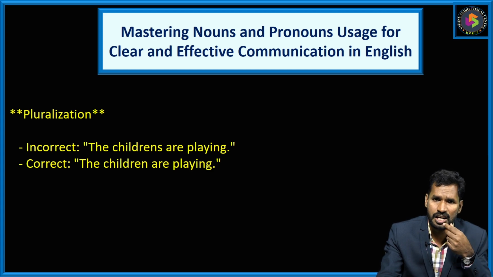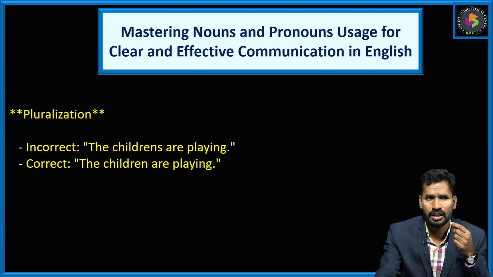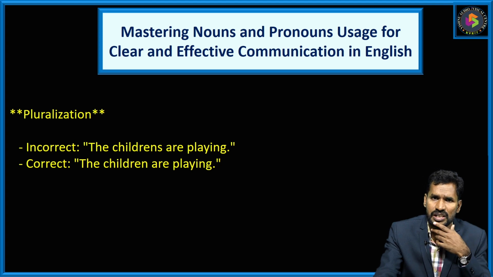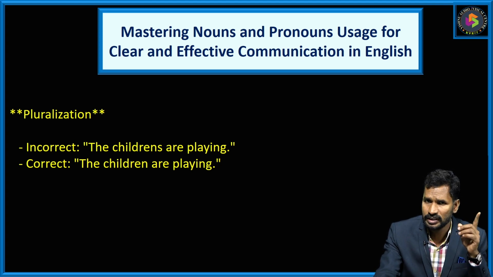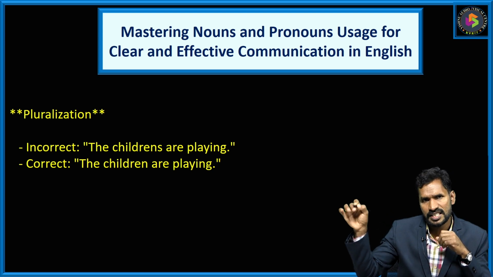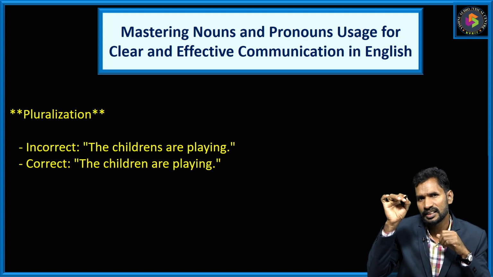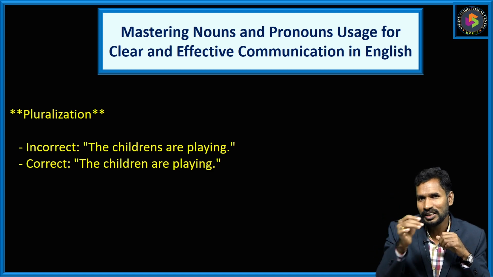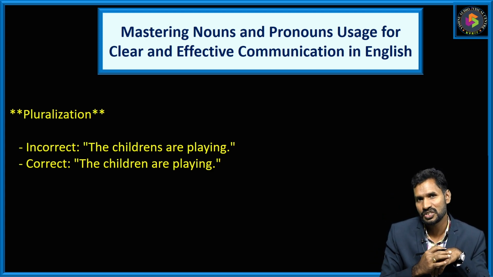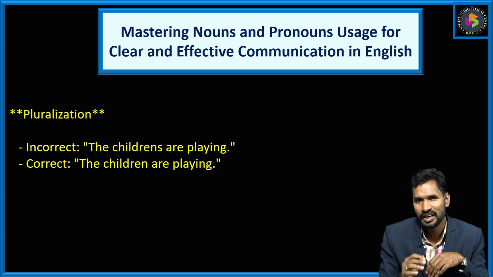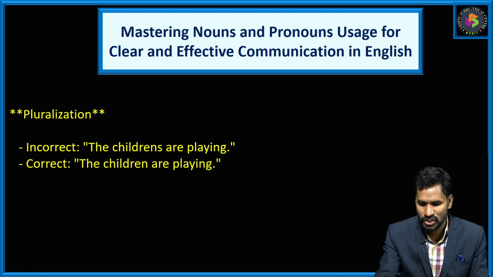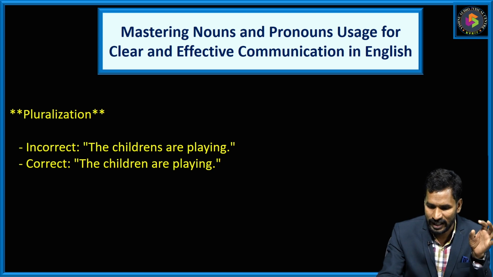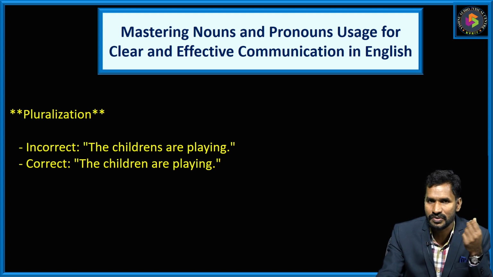There is a hospital nearby, Rainbow Children's Hospital. Probably people misunderstand that children apostrophe s is there, and they forget that punctuation mark. We'll learn about punctuation in other videos, but pluralization involves correctly forming the plural form of nouns.